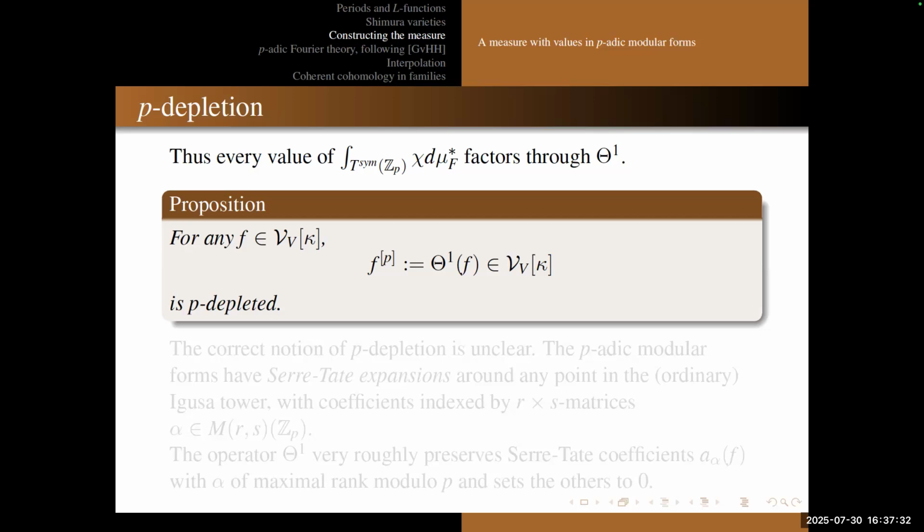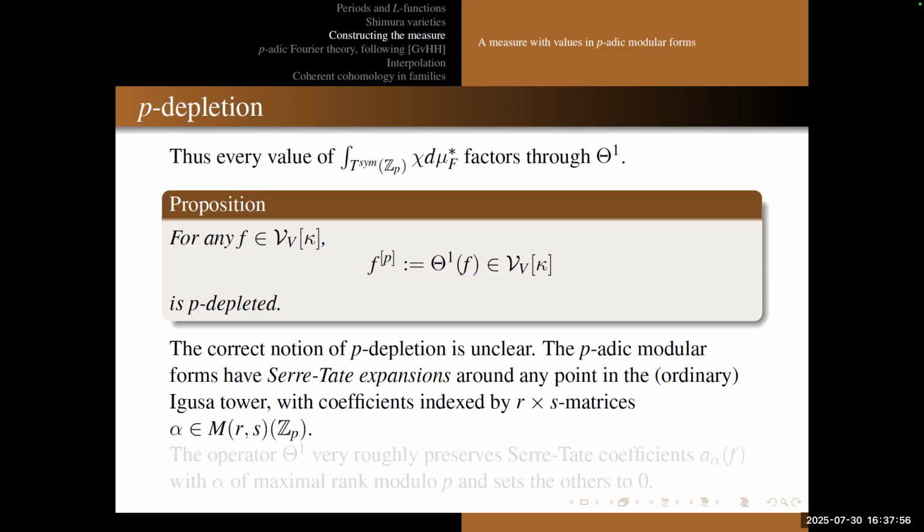And what Eischen et al. did not mention is that this operator actually does the p-depletion in this particular case. Well, the correct notion was unclear when I wrote that, but now it's clear, thanks to work of Sean et al.